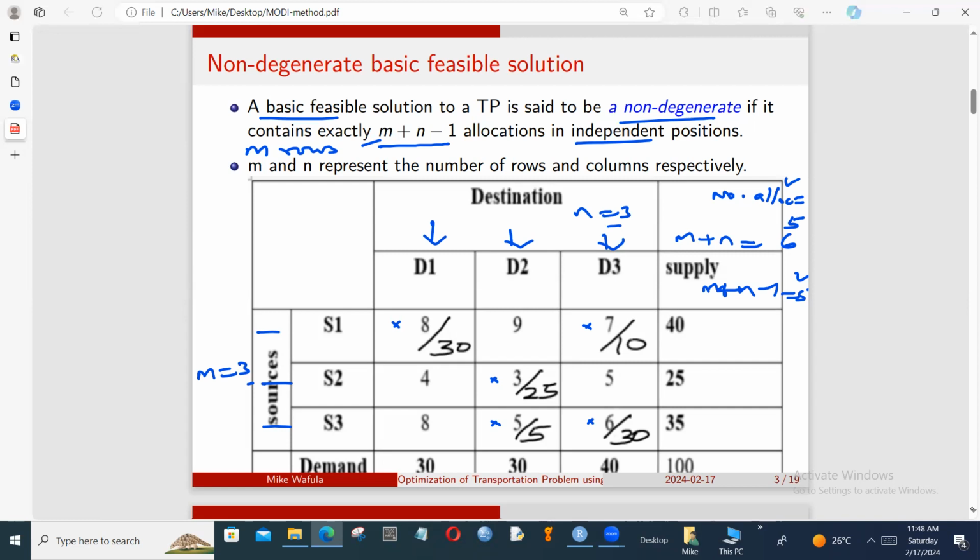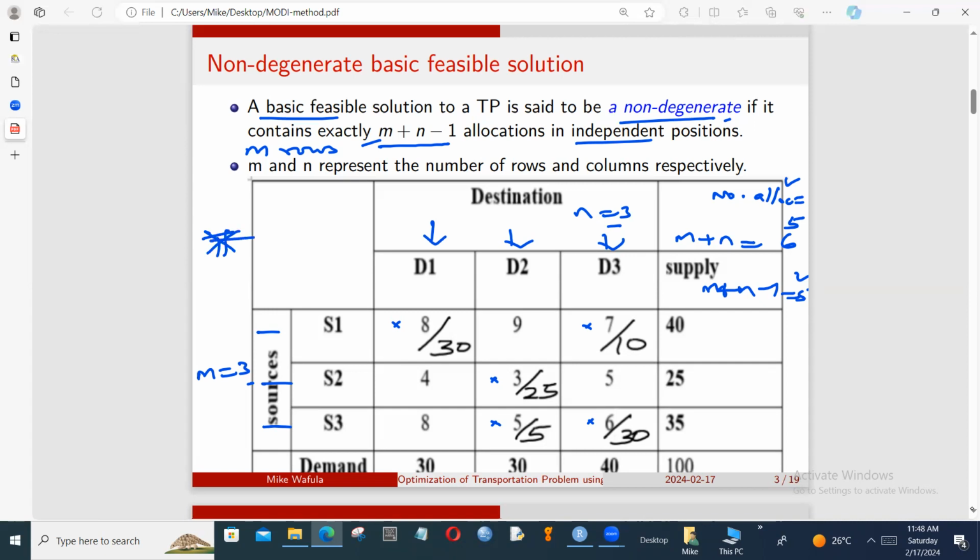So in this particular case, we shall say that this basic feasible solution will be said to be non-degenerate. The condition for testing that is just checking whether the sum of rows and columns less 1 is equal to the number of cells that have received allocation in that transportation table. So for this one, we say the basic solution is non-degenerate.